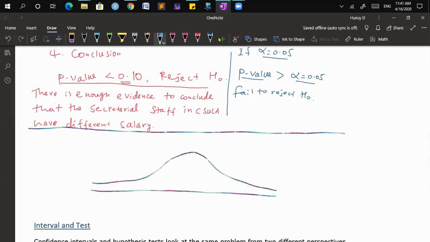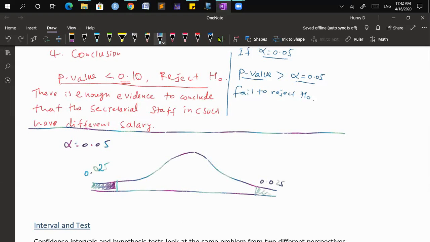So suppose you have alpha. Let's start with alpha now. Suppose alpha is 0.05, and we are using the two-sided test, so 0.025 on this side and the same on this side.